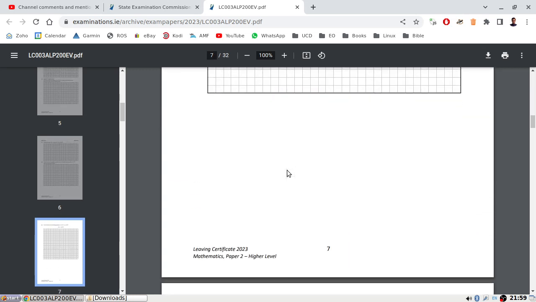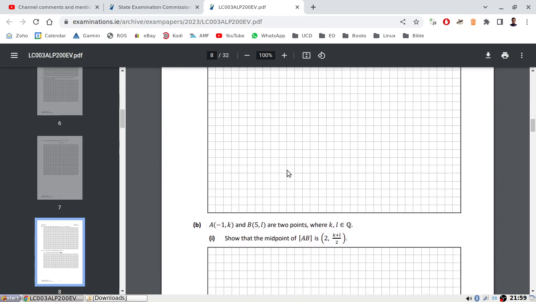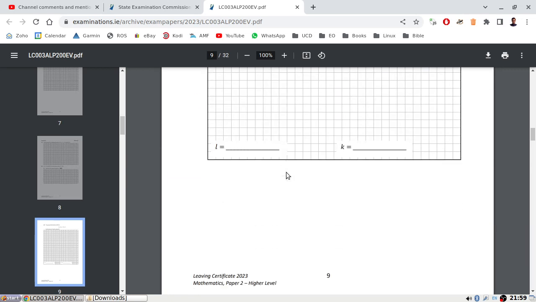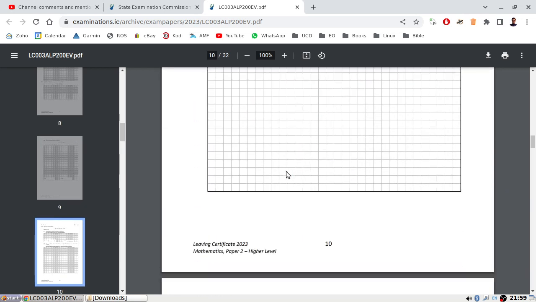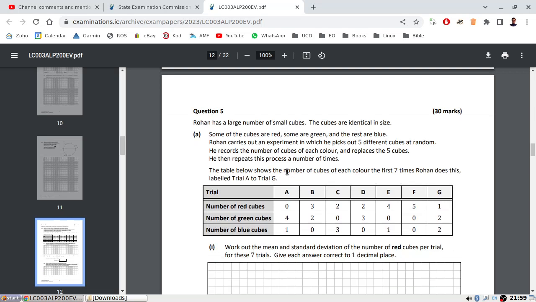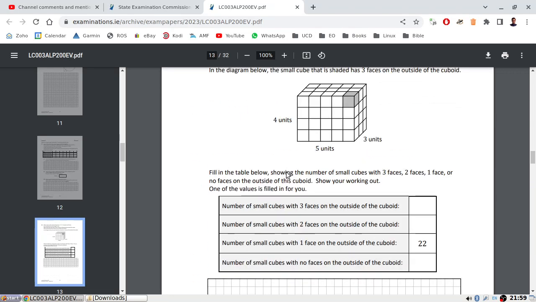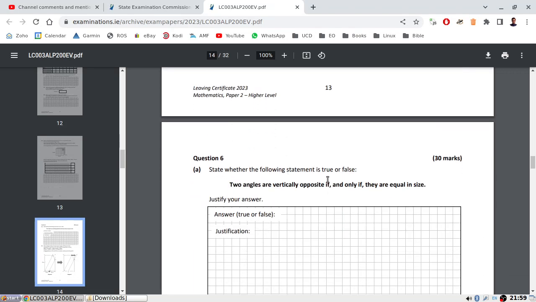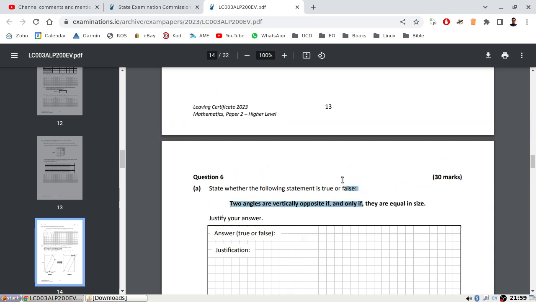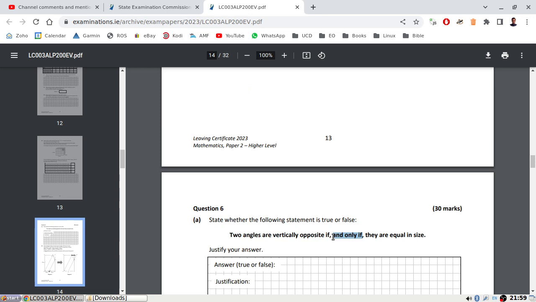I think the next thing to note is this one here, a lot of discussion about this one. I'm not going to bet a lot of money on it, but I would bet something on it, I guess, because of the if and only if here, meaning that both directions of the statement have to be true.